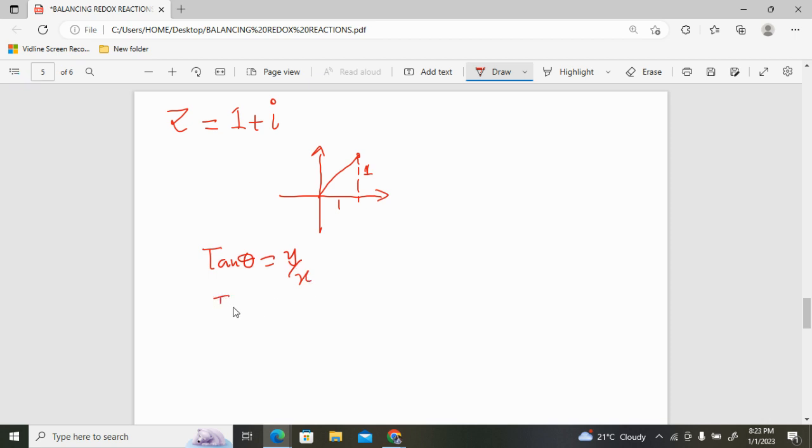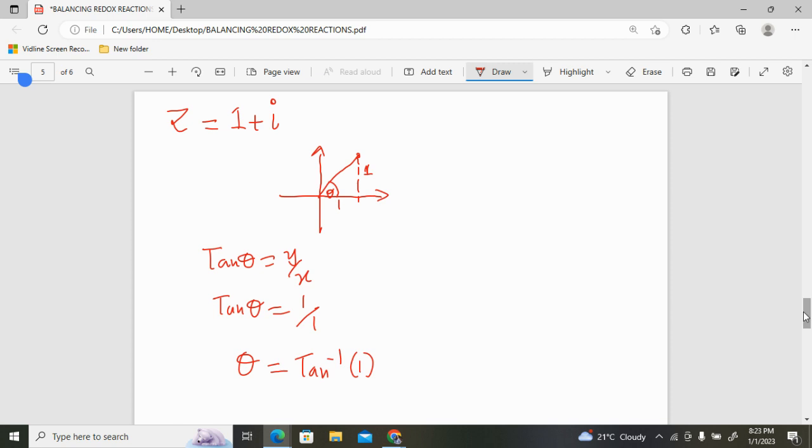So that is going to be tan theta being equal to y, here is 1, divided by x, also is 1. And that will be 1 over 1, which is simply 1. So to be able to find theta, we multiply both sides by tan inverse. So that will be tan inverse of 1 over 1, which is a 1.